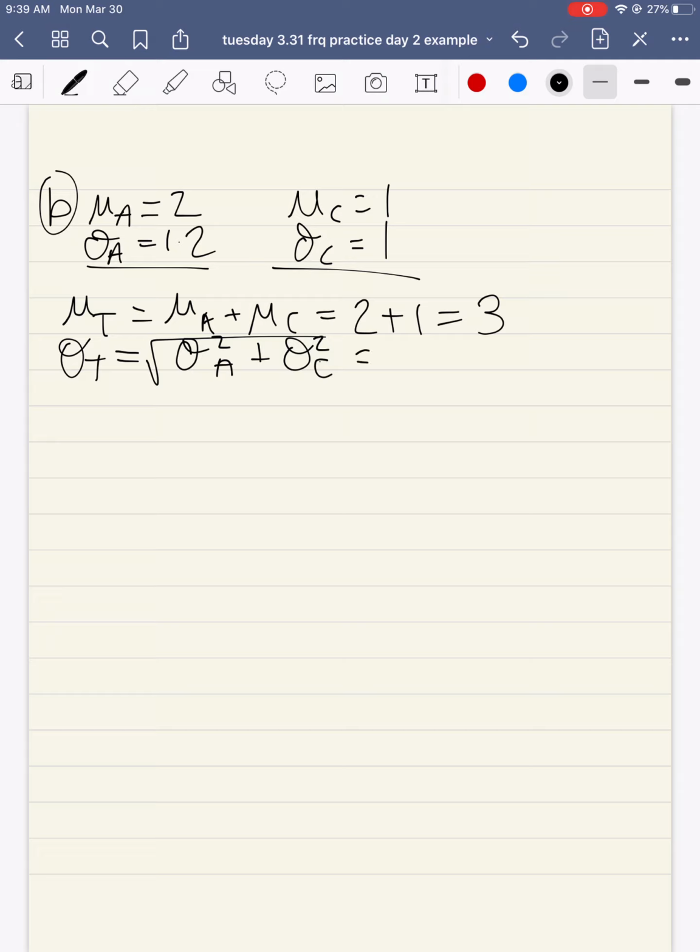So here we're going to get the square root of 1.2 squared, put that in parentheses so that's clear, plus 1 squared. And if I crunch out that number, I should get approximately 1.56. So I've just calculated the mean and the standard deviation of the combined adult and child tickets.